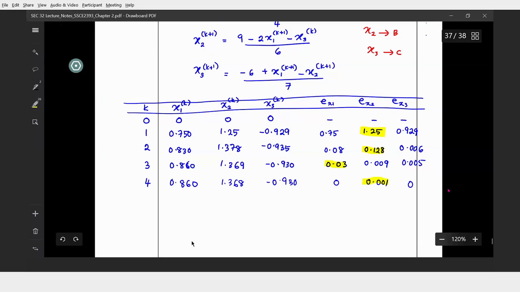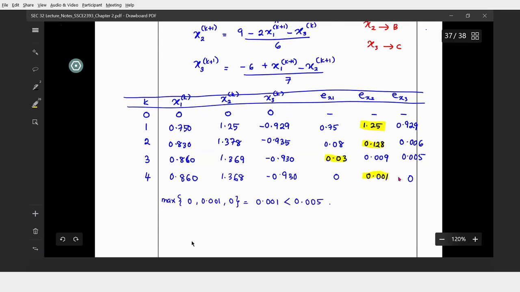The maximum error, okay, in terms of absolute, so you look for the absolute error, equals 0.001, which is less than the given stopping condition. Okay, so we may stop now.